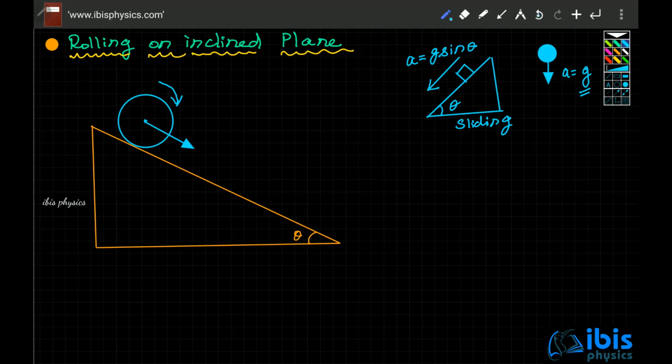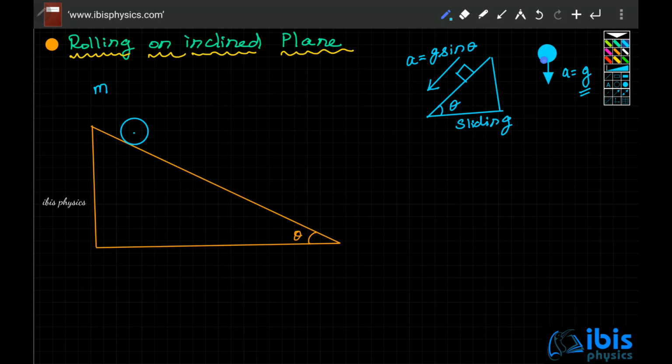Instead of taking a big object, let me take a very small one, and this is the object. It's a very small object and its mass is m. We are going to find out what the acceleration downwards will be. Because it is going to roll, the moment of inertia matters.